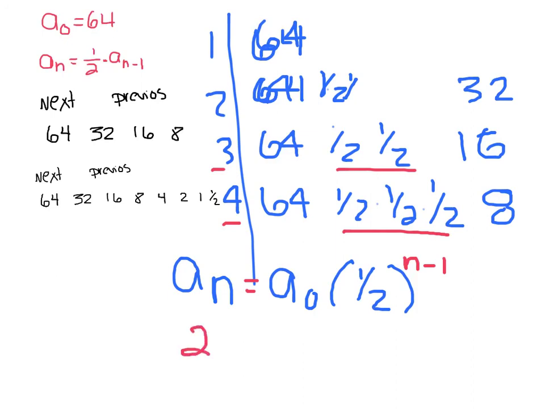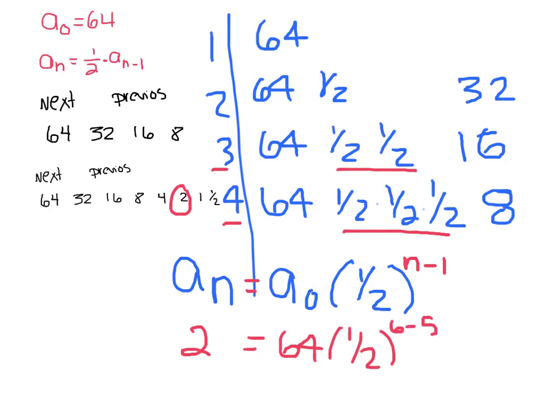So to get 2, because 2 is the sixth term right here, I would take 64 times 1/2 to the 6 minus 1, fifth power. 64 divided by 32, that's 2. That works out.